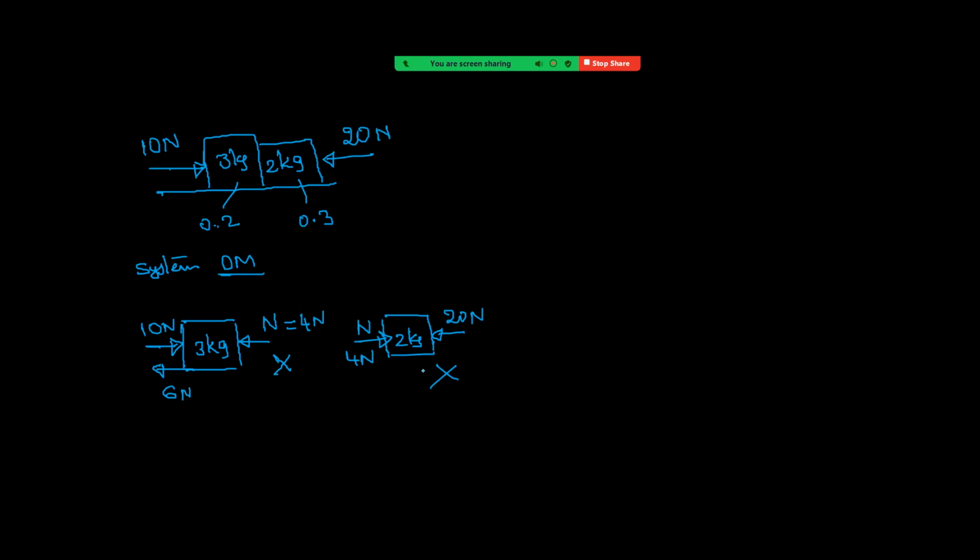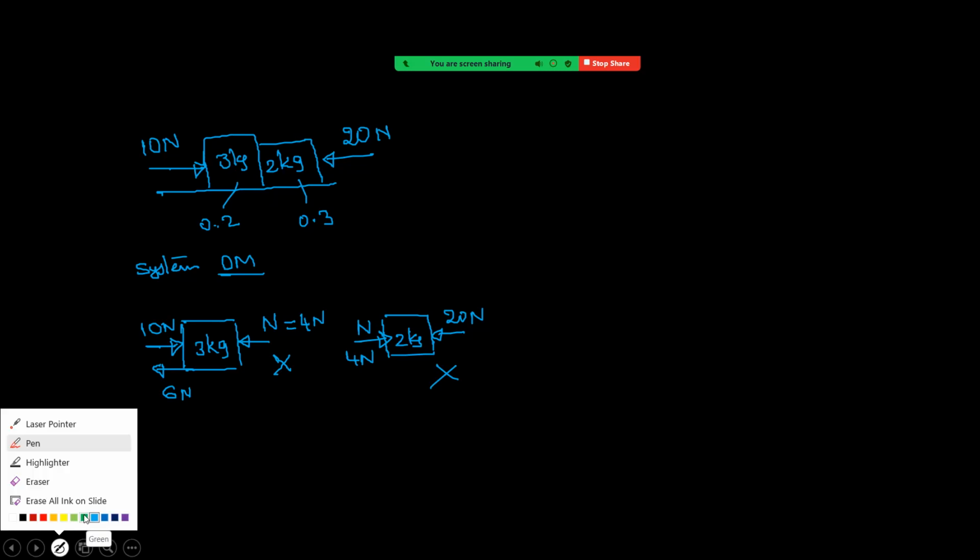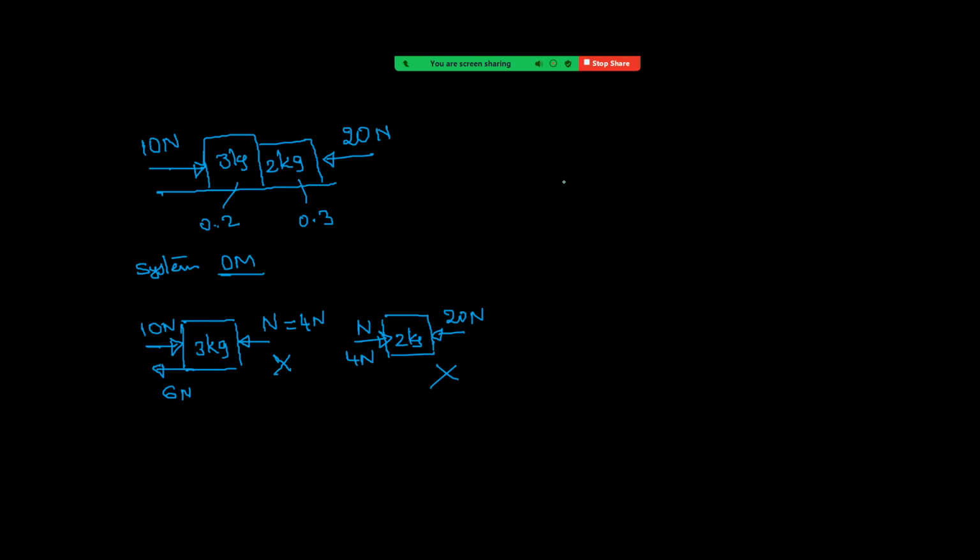Okay. Now start from the 2 kg block. Instead of taking the 3 kg block, first focus on the 2 kg block. See carefully. On the 2 kg block, force 20 is acting left side. Friction tries to balance it.